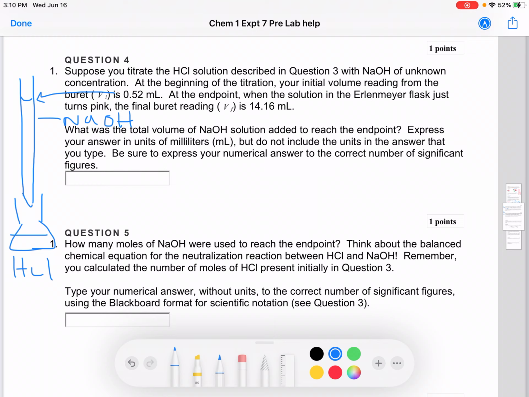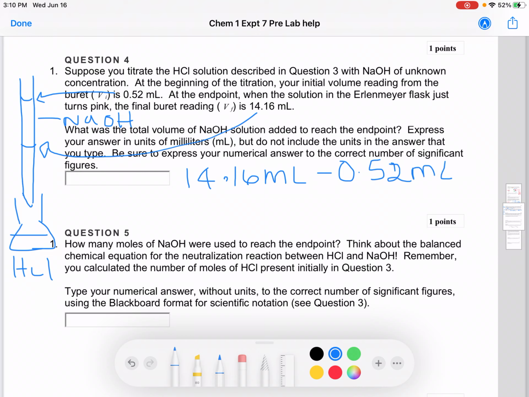At the end point, when the solution in the Erlenmeyer flask turns pink, the final reading is 14.16. So somewhere here would be 14.16. What was the total volume of sodium hydroxide solution added to reach the end point? How do you calculate that? You take your 14.16 milliliters and subtract the initial volume 0.52 milliliters.